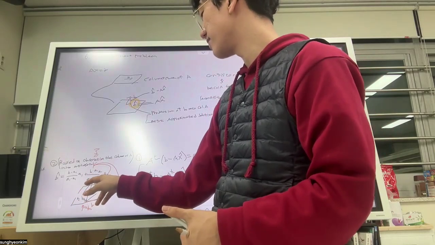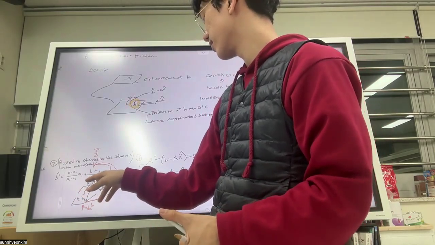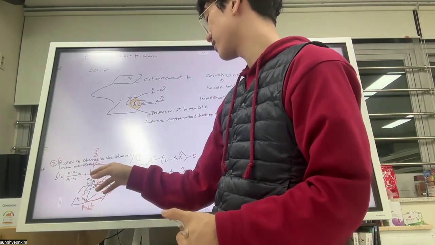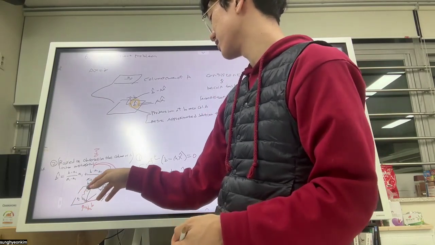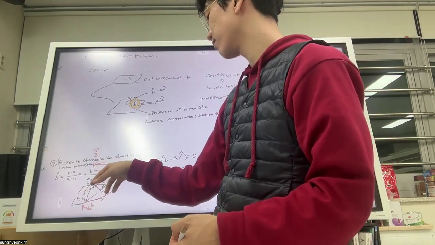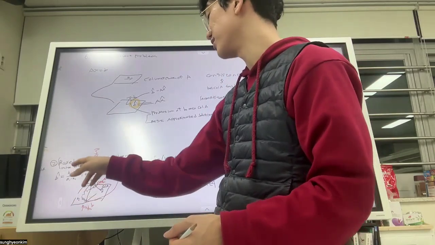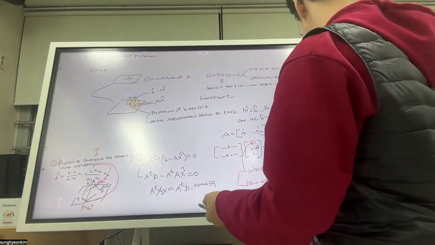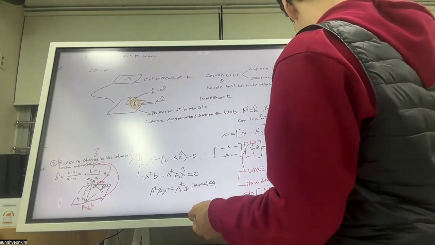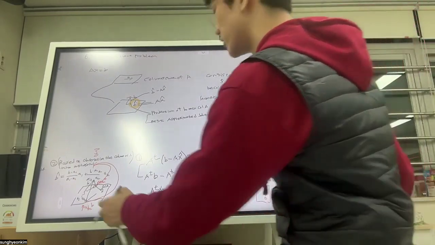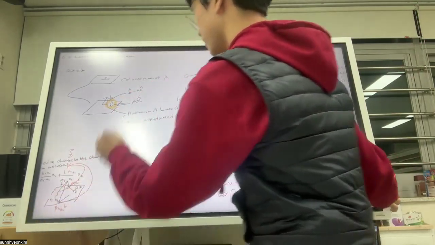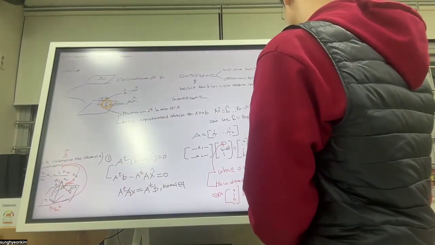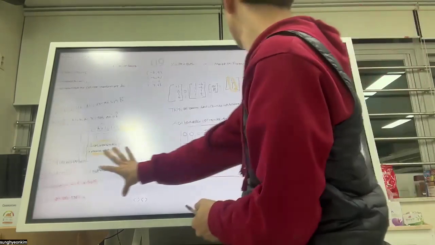Then we can find B hat as the projection of B onto A1 plus the projection of B onto A2. The sum of those gives the geometrical solution using orthogonal projection.